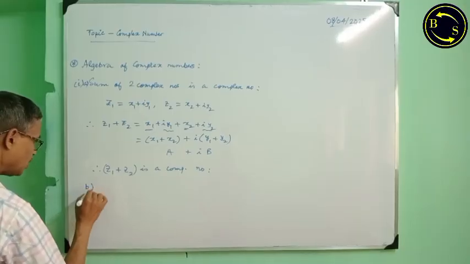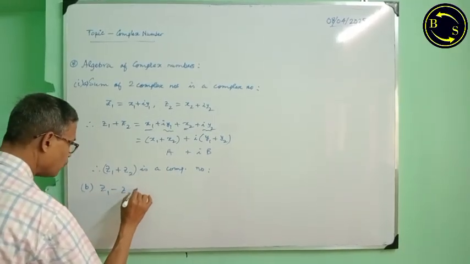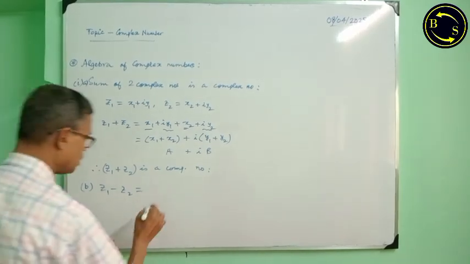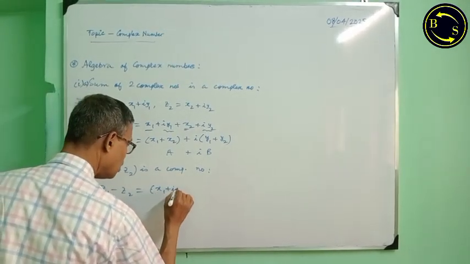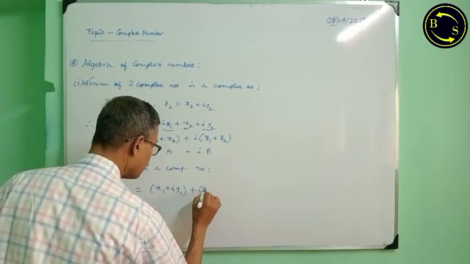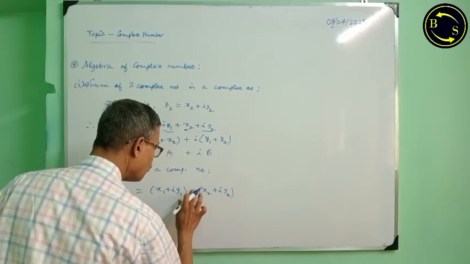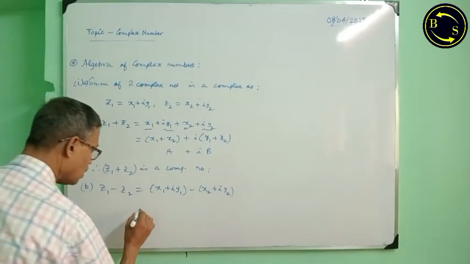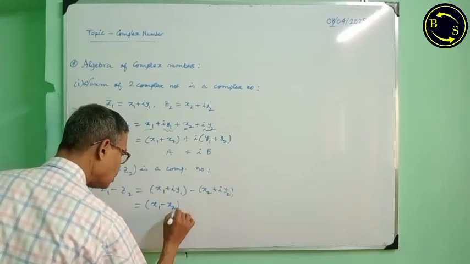Then I take the difference Z1 minus Z2. What will that be? It will be x1 minus x2 plus i times y1 minus y2.